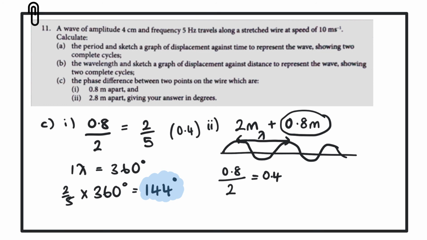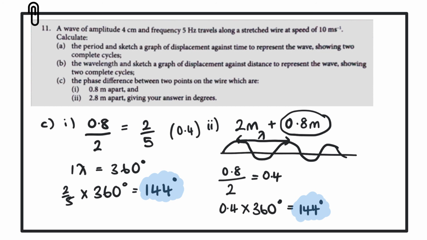So our fraction, the difference between the 2 points on the wave, is 0.4. What we'll do next is take that 0.4 and multiply it by 360 degrees. And what we find is a phase difference of 144 degrees. That's actually the same answer as the previous part of the question. So what we see here is that if we have a full wavelength in between, so we had 0.8 to begin with and then 2.8, the phase difference is exactly the same.